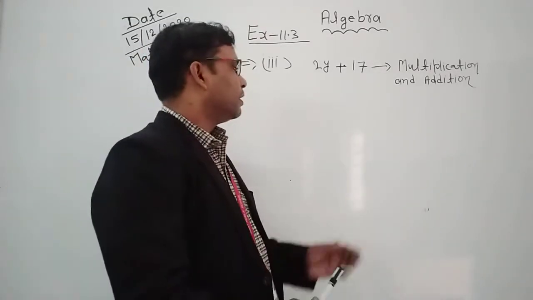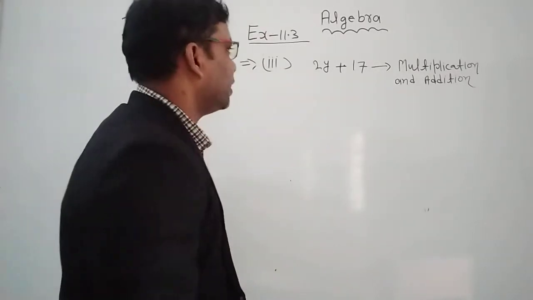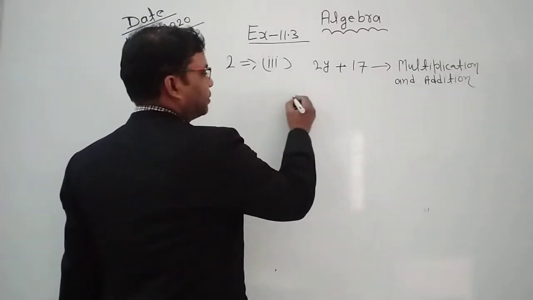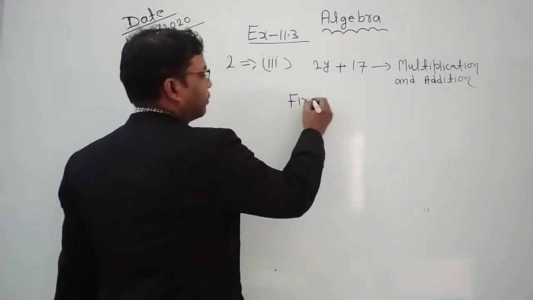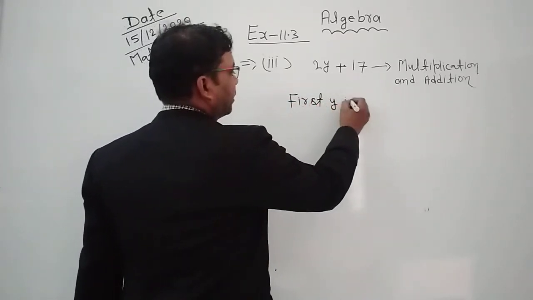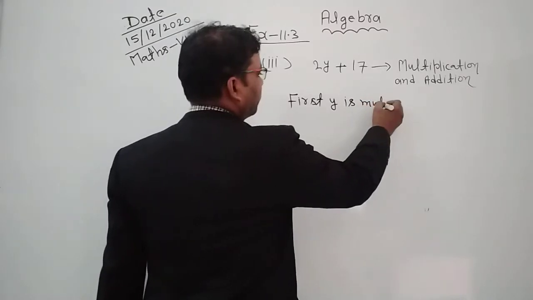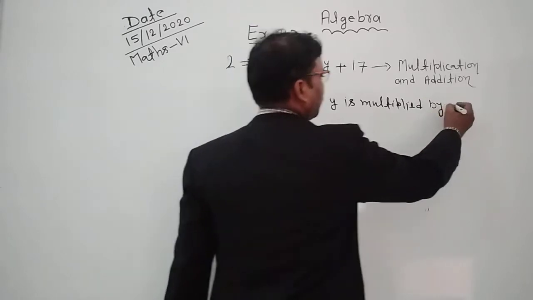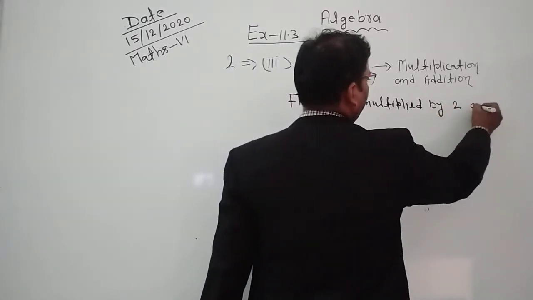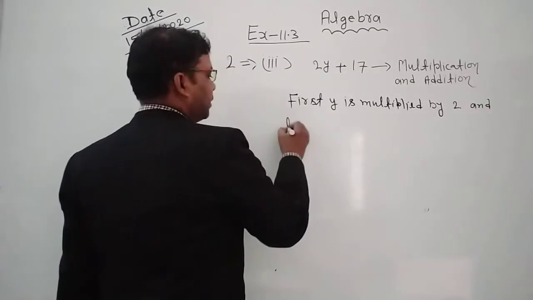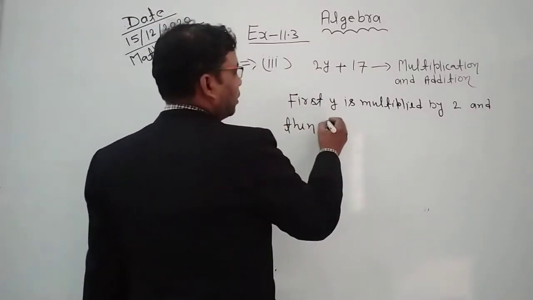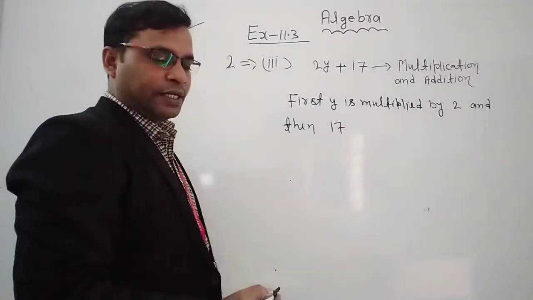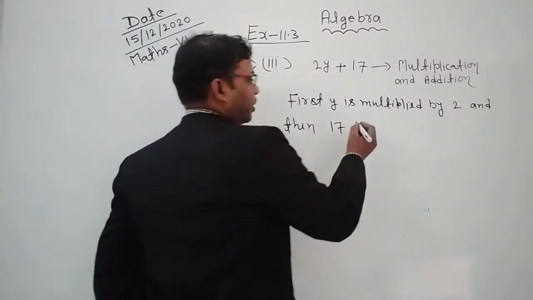Here you can write first y multiplied by 2, then 17 added to the product.